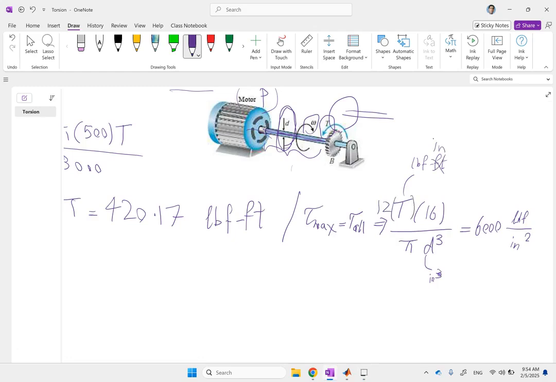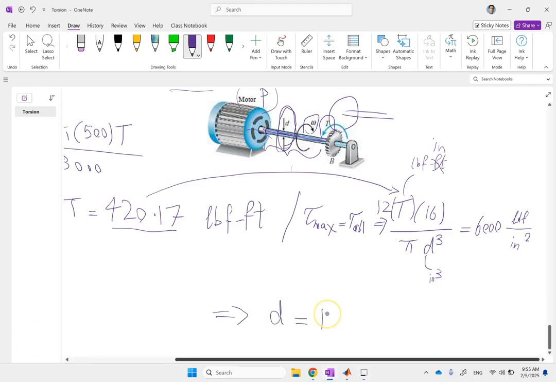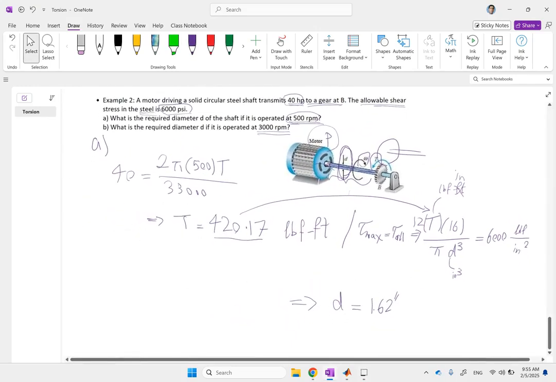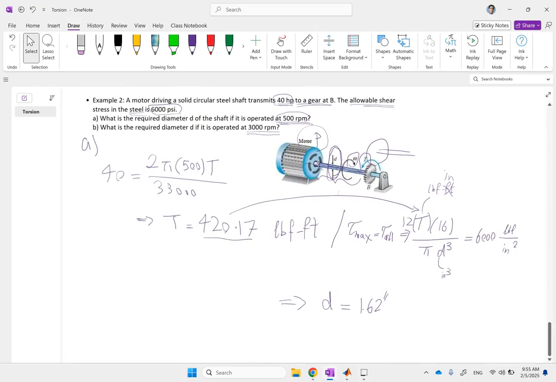And this T, remember, is this number, so I can plug it right there. And from here, I bet you can calculate d to be 1.62 inches. This is the minimum diameter you need so you can pass that power at the given RPM without breaking the material.